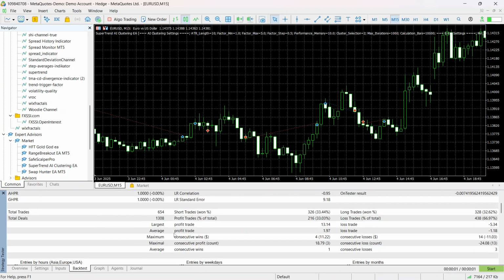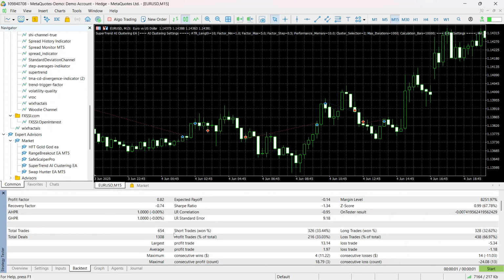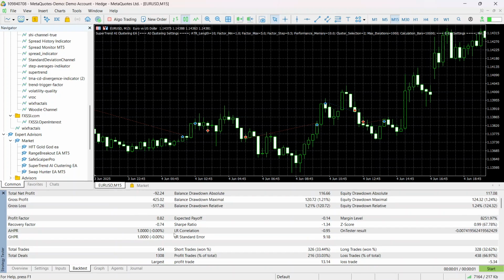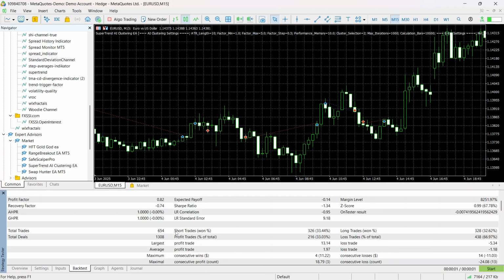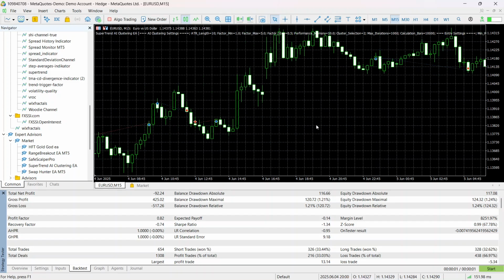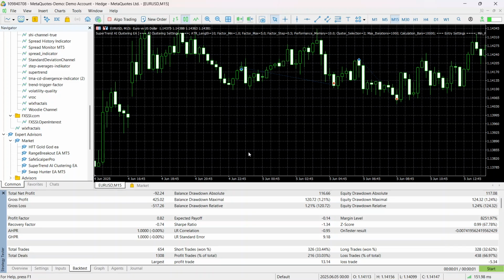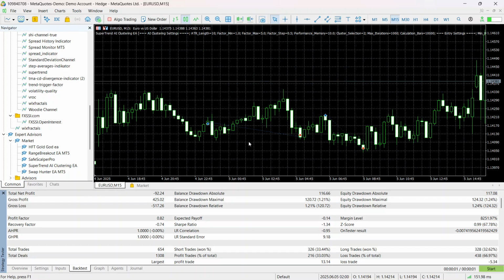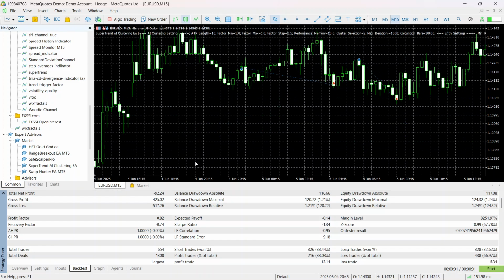Now our verdict on this EA is a legitimate adaptive SuperTrend with some clever clustering to try and stay in sync with the market. The risk tools are there if you use them, tools like daily limits, drawdown protection, that sort of thing. But like most trend followers, it shines in strong trending markets and can bleed in sideways action, as we see on the chart, which is most of the time on many pairs.